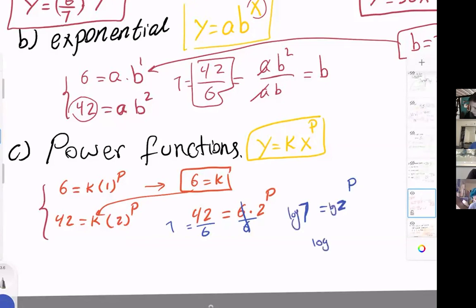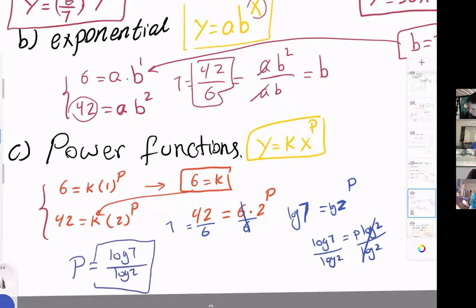So we have log of 7 equal to p log of 2. So p will be log 7 over log 2. You need to calculate this. Then you will plug it in for this p.